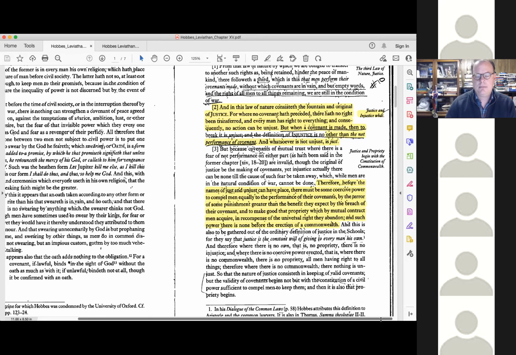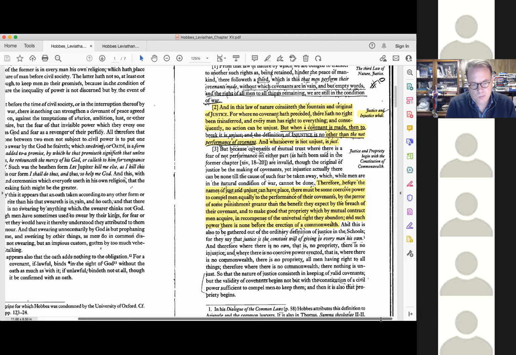Therefore, before the names of just and unjust can have place, there must be some coercive power to compel men equally to the performance of their covenants by the terror of some punishment greater than the benefit they expect by the breach of their covenant, and to make good that property which by mutual contract men acquire in recompense of the universal right they abandon.